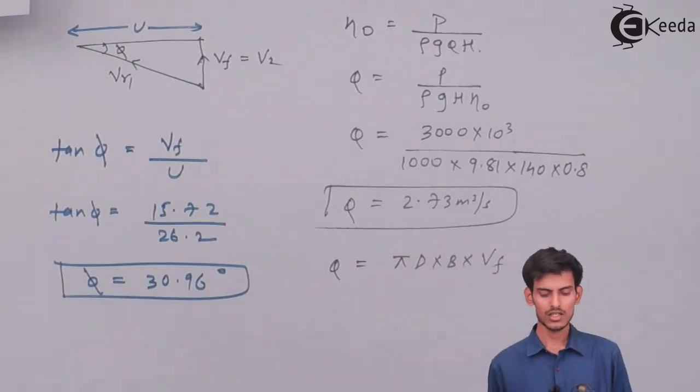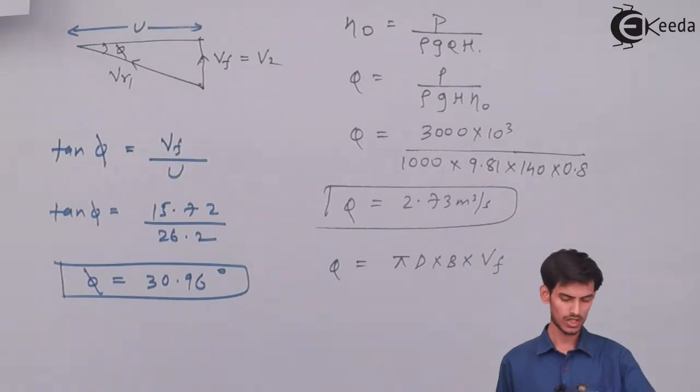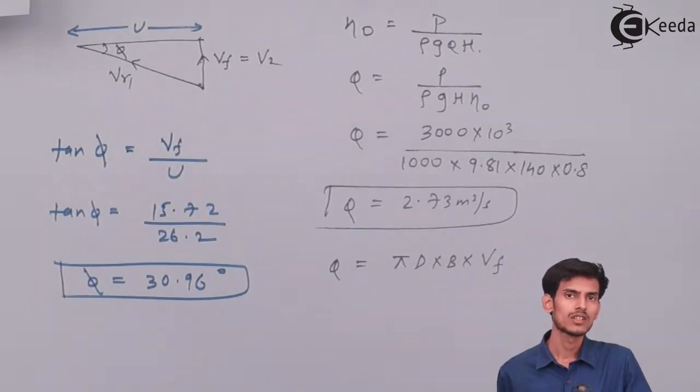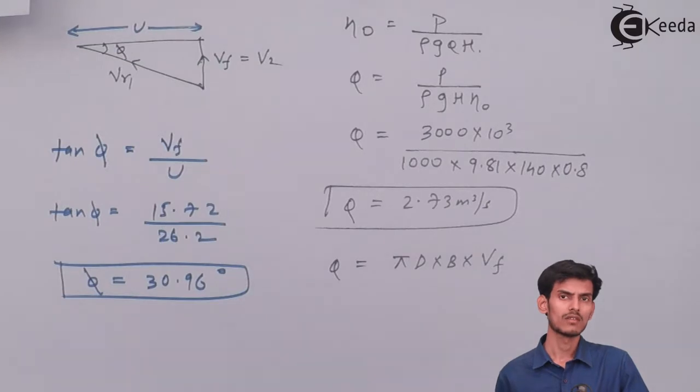The velocity that has to be used is the flow velocity, because in a Francis turbine the flow velocity is the velocity which is responsible for creating discharge, and the whirl component is the velocity component which helps to give momentum, or power, to the runner.